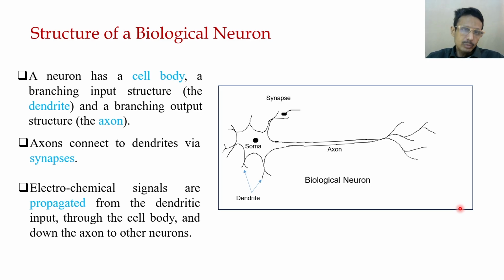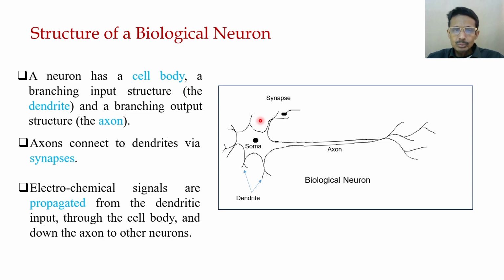The artificial neuron has a very similar architecture to the biological neuron. So we would like to start the lecture with the structure of the biological neuron. A biological neuron has mainly three major parts. One is called the cell body or soma.